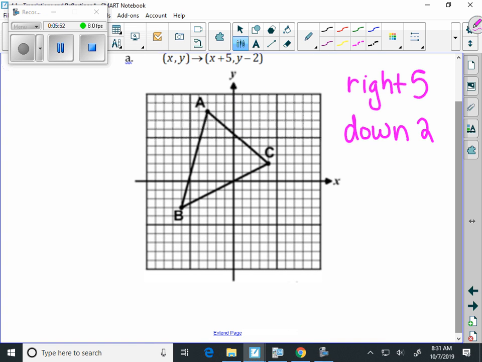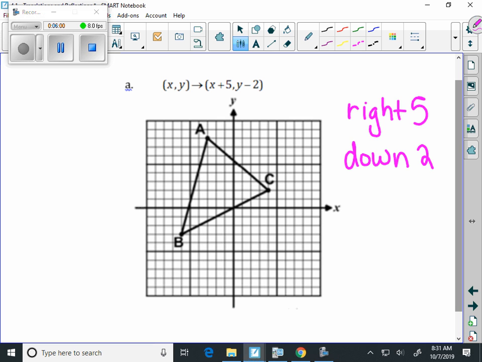You may want to use colored pencils to do this, although this one works out just fine since we're only doing one image on it. But if we start at A and we start counting, 1, 2, 3, 4, 5, 1, 2.